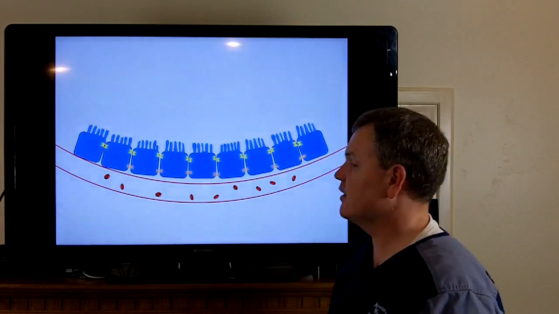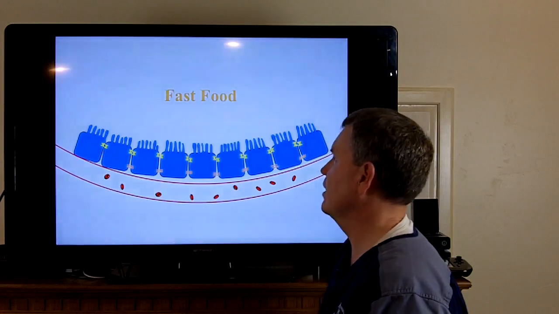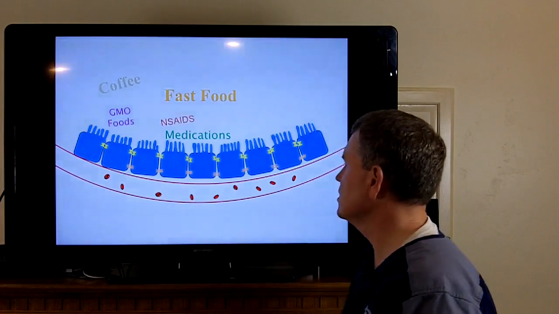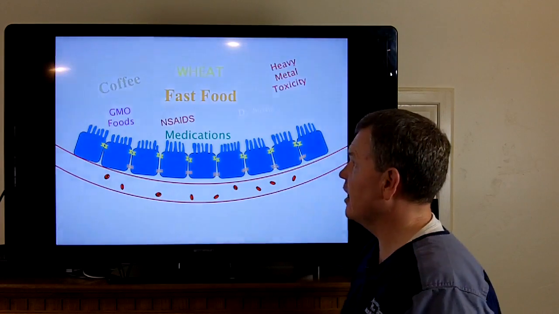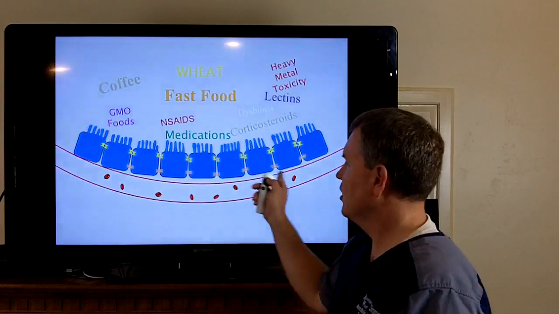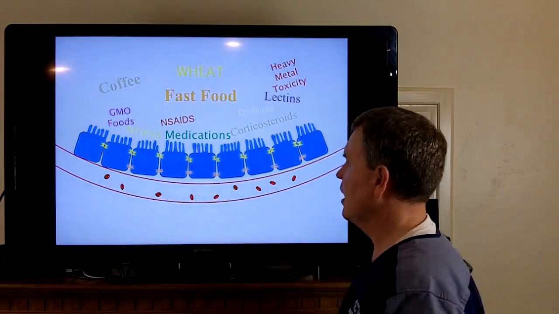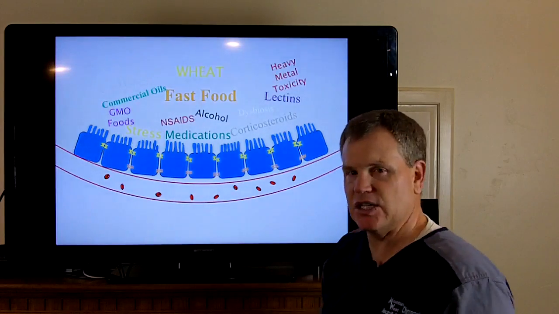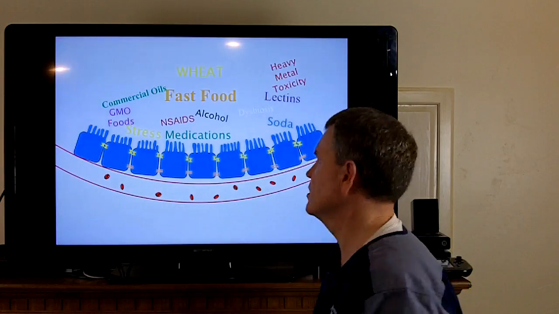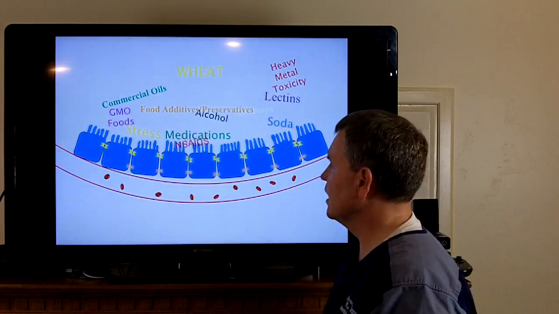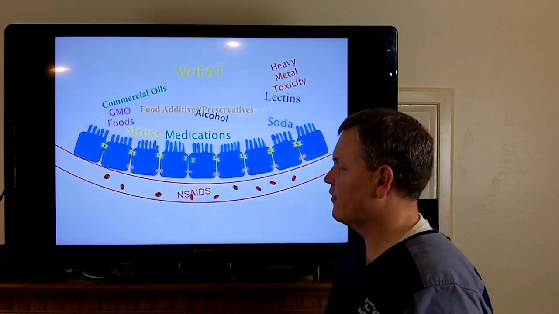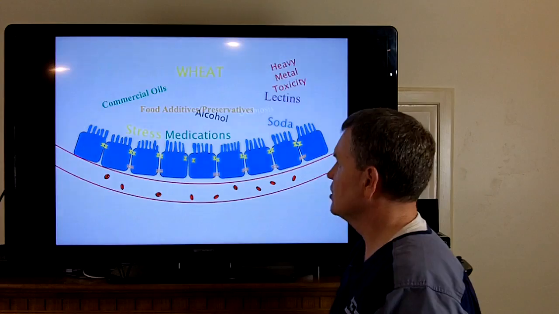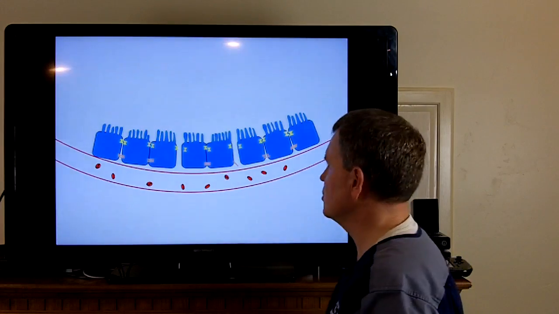Now, if we have issues with that, we have fast foods, coffees, GMO foods, medications, NSAIDs, all these other things that can affect our tight junctions, and they can allow for bigger molecules to get in. We get infection into the gut or different things. What happens is it causes an inflammatory response, which opens up those tight junctions and those other junctions. And so therefore, things get into the bloodstream that aren't supposed to.